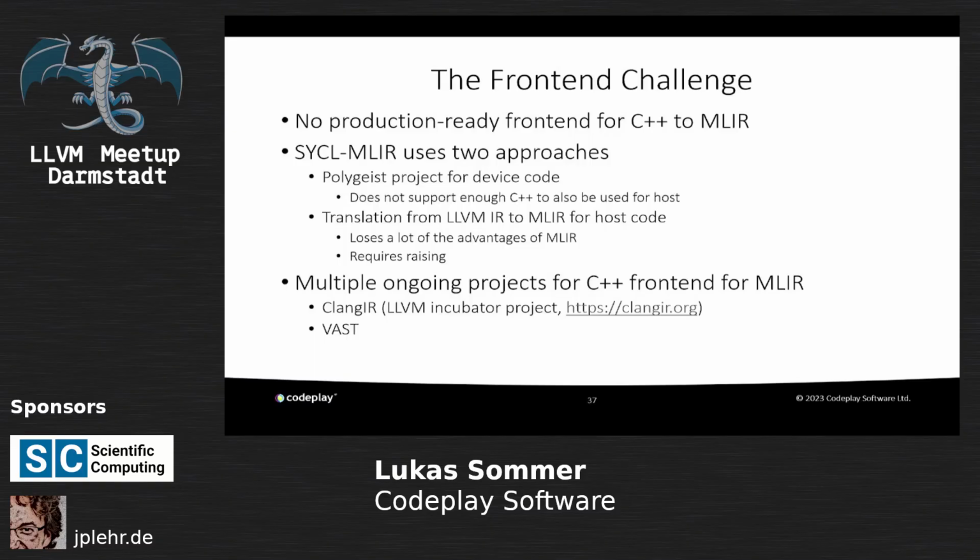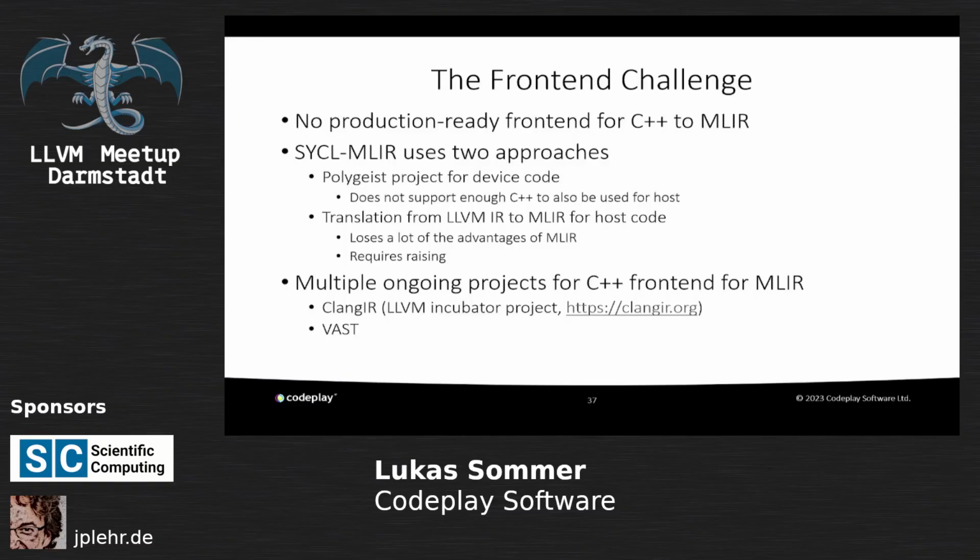The lowering from ClangIR to other MLIR dialects hasn't been their first priority, but there's right now an ongoing Google Summer of Code project tackling exactly that. And that student has made great progress in the last 4 or 6 weeks since the project started.